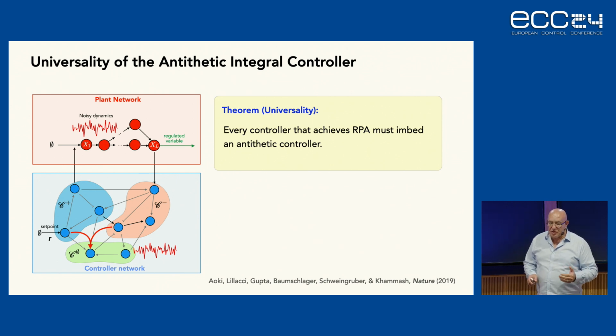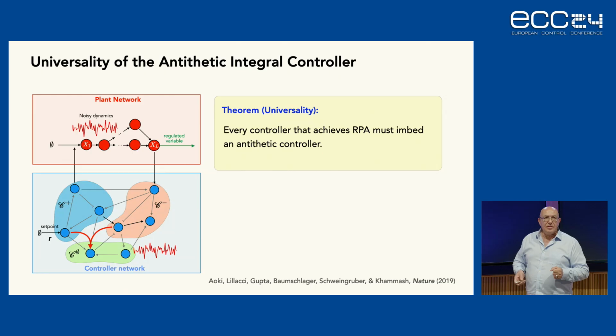In fact, one can show that every controller that achieves this robust perfect adaptation or steady state tracking with 0 error must embed within it an antithetic motif. What does that mean? It means any candidate controller that satisfies this requirement, if you look at the species that form that controller, they can be partitioned into 3 classes, C+, C minus, and C0.